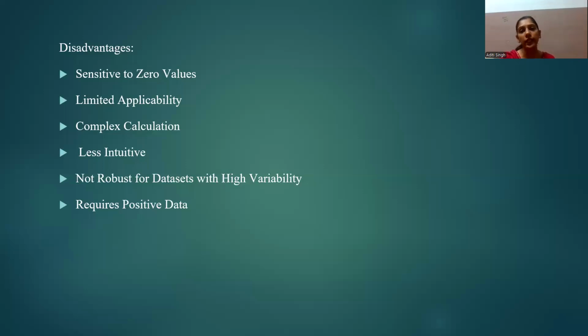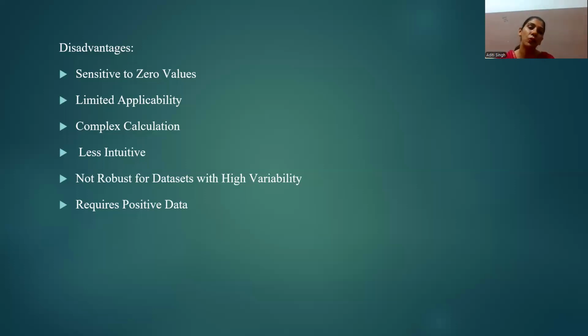So in a data set where the values range from 1 to 1000, the harmonic mean will be disproportionately affected by the smaller values, which potentially misrepresents the central tendency of the data. So, basically, harmonic mean is not robust for data with high variability.